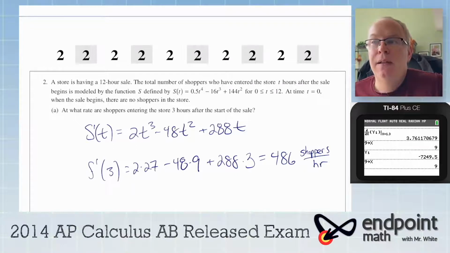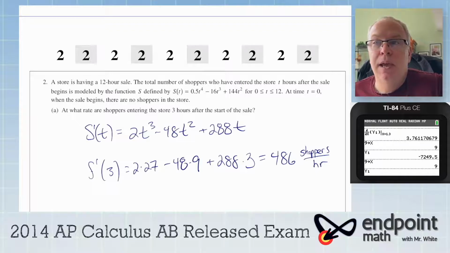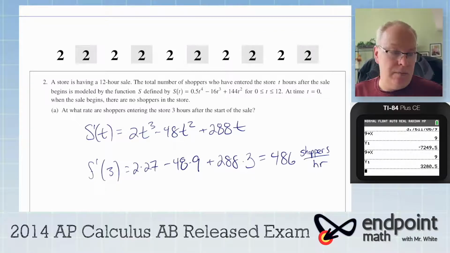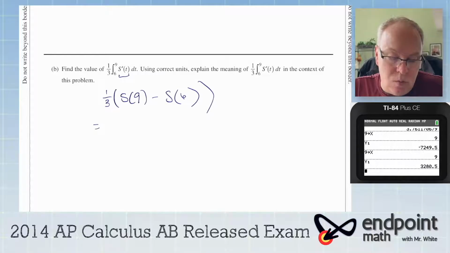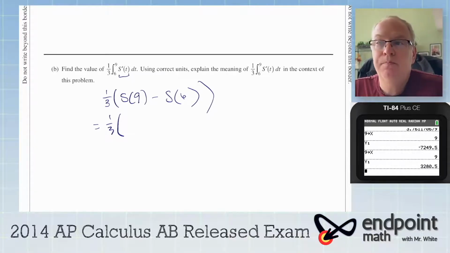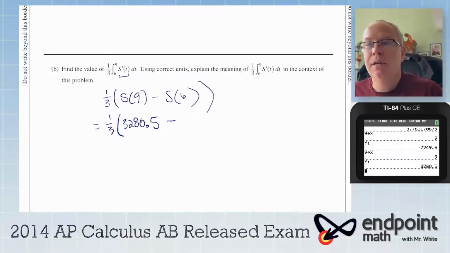Okay? And then, now that I have 9 stored in there, I can hit vars, go in here to my y function, and that is going to give me what s of 9 is. So this would be 1/3 times the quantity, 3280. So I'm hoping that time that I put in up front will save the day.